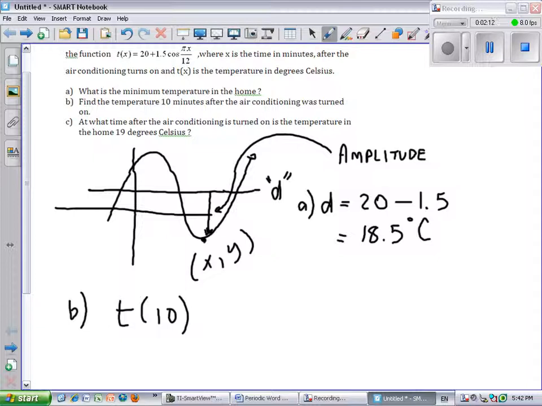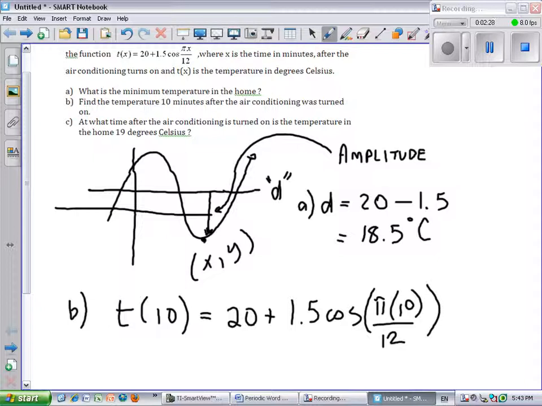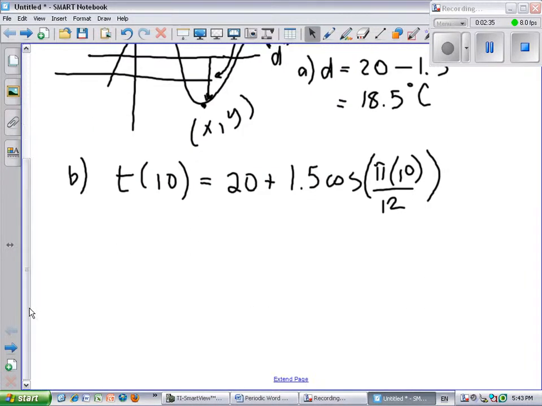It equals 20 plus 1.5 cosine pi times 10 over 12. And that's it. Time at 10. So let's try and do this one algebraically and then check the answer on the calculator.